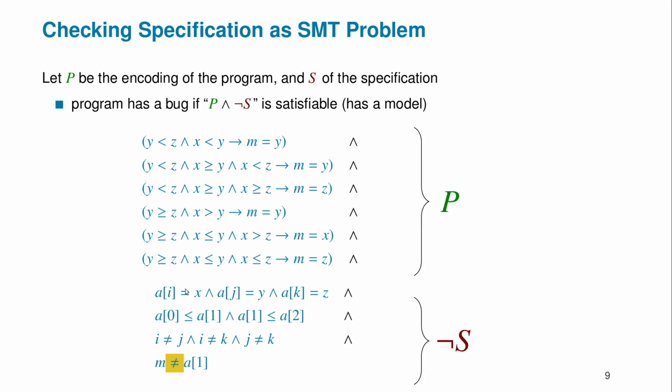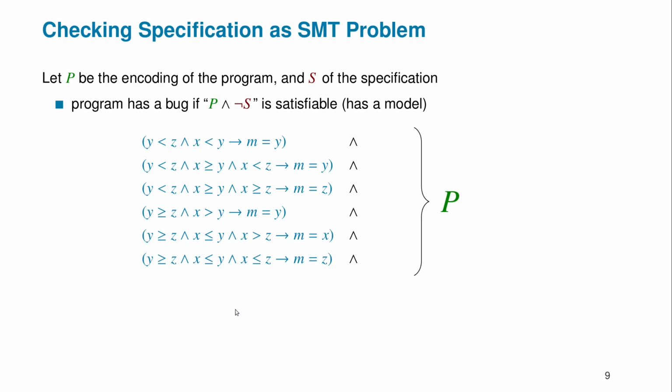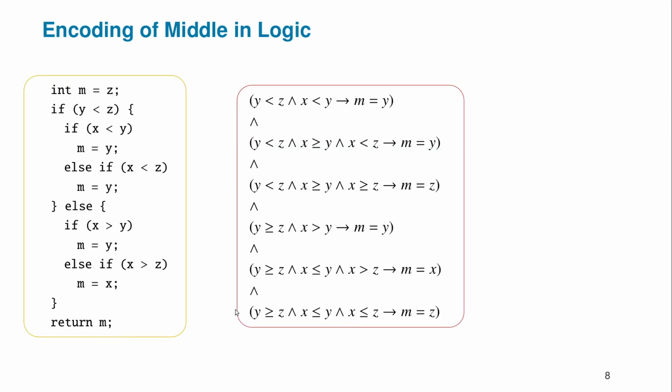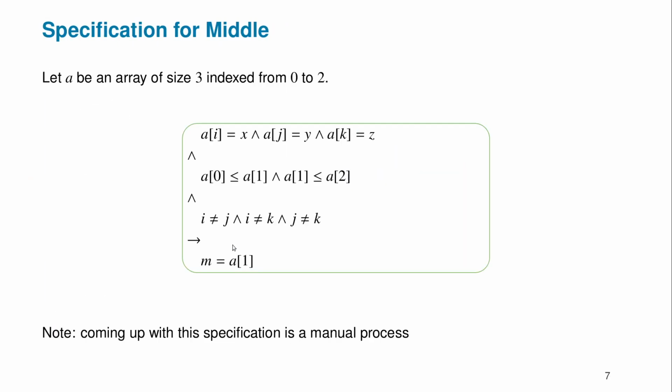This comes also because, when we go back, we have these constraints here imply m is equal to a1, and if we negate this, if you remember, an implication can be represented in terms of a negation and disjunction.